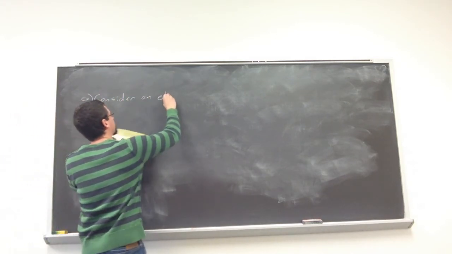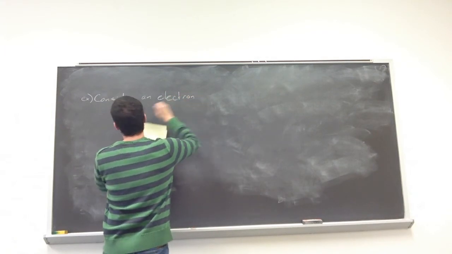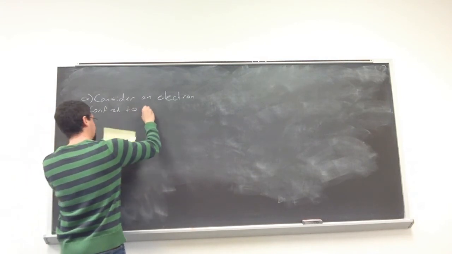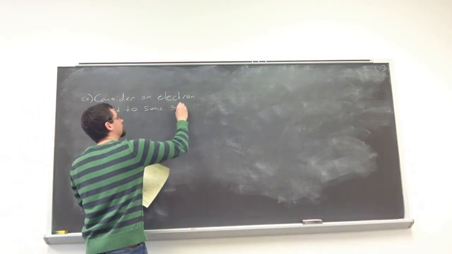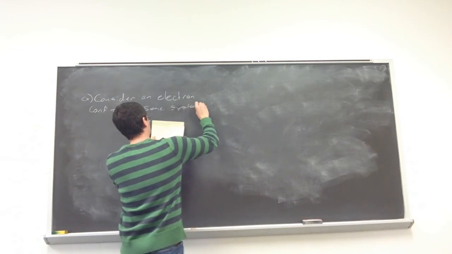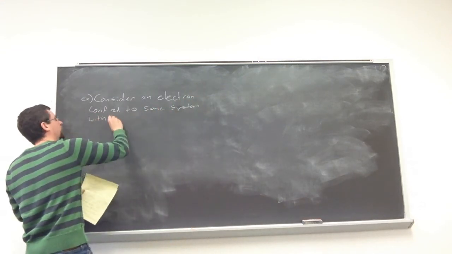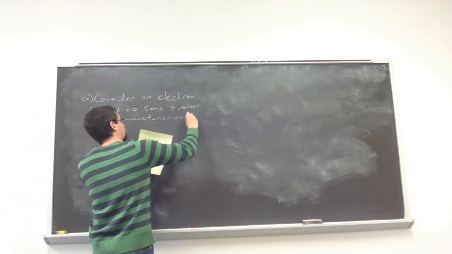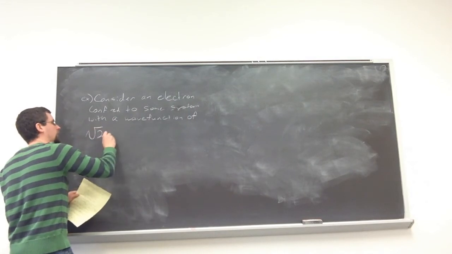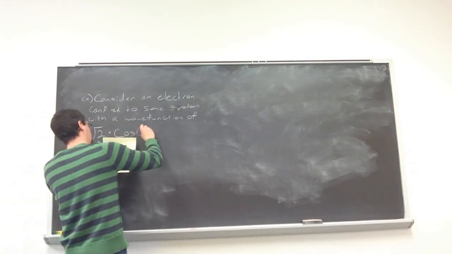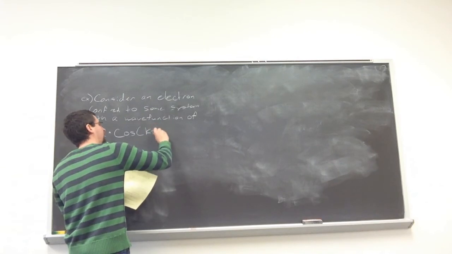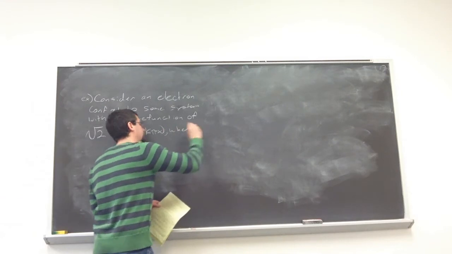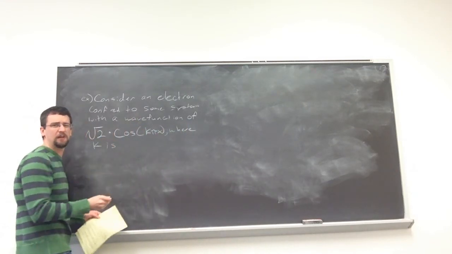So our example: consider an electron confined to some system with a wave function of square root 2 times cosine k pi x, where this lowercase k is just some constant.